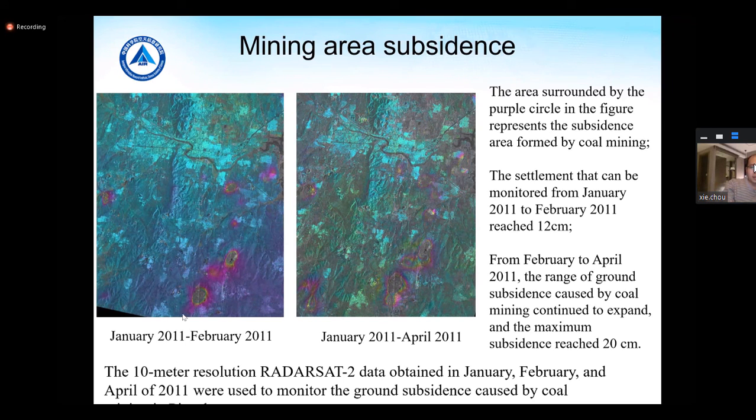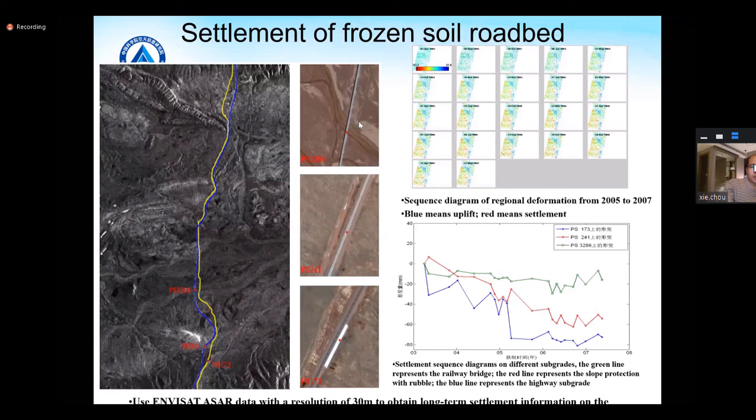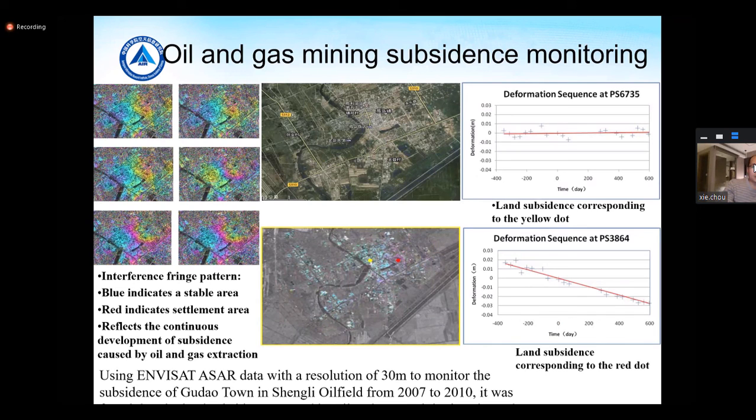We can clearly find the areas surrounded by the purple circles in the frame represent the subsidence area formed by coal mining. Here I show how to use InSAR to detect the deformation on the Qinghai-Tibet, Shanghai-Tibet highway, and it can also be used to detect oil and gas field subsidence.